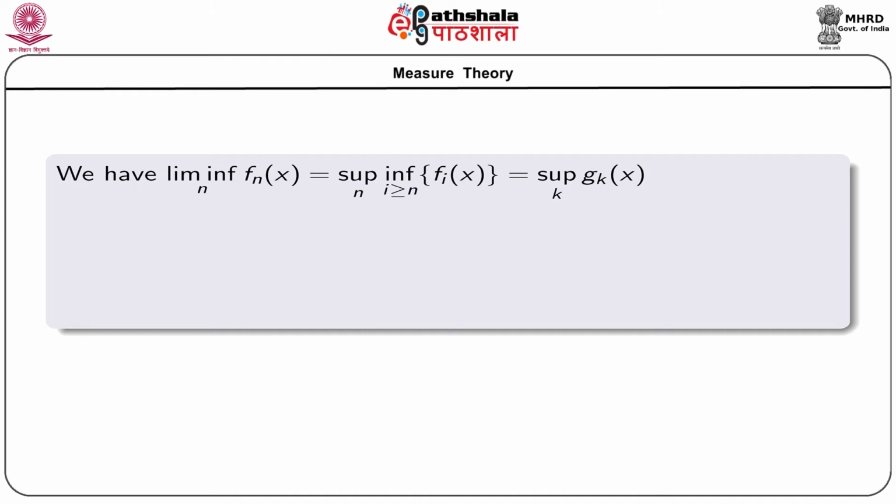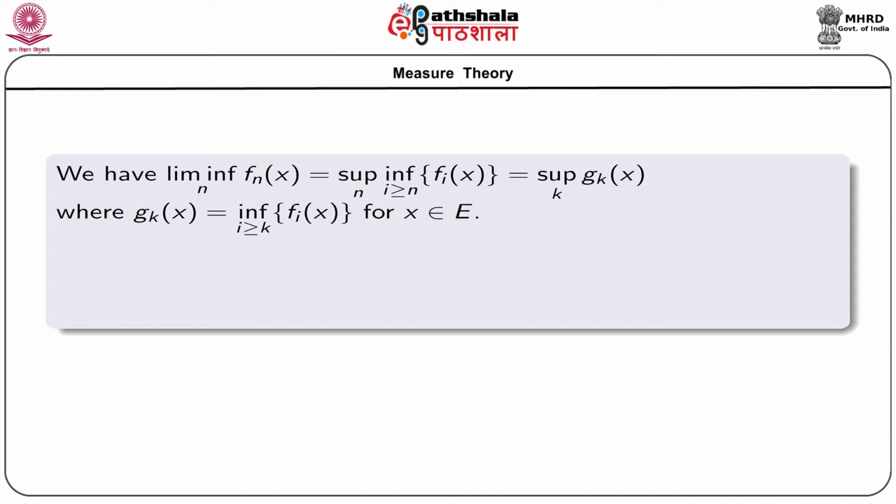We prove the assertion in this way. We know that lim-inf n Fn x is actually supremum over n of infimum over i greater or equal to n of fi x, that is equal to supremum over k of gk x, where gk x is defined as infimum over i greater or equal to k of fi x, for all x belonging to E. So, how do we define the lim-inf?